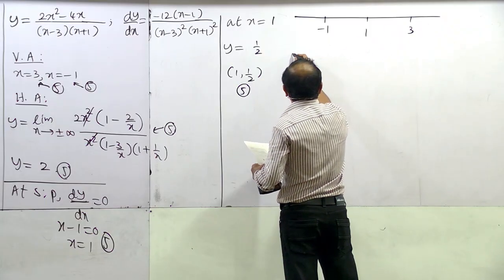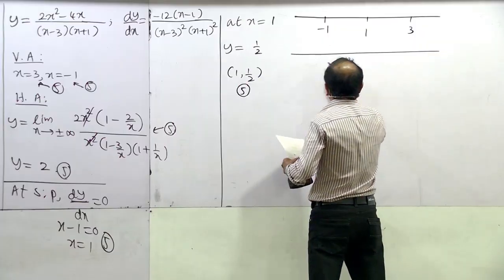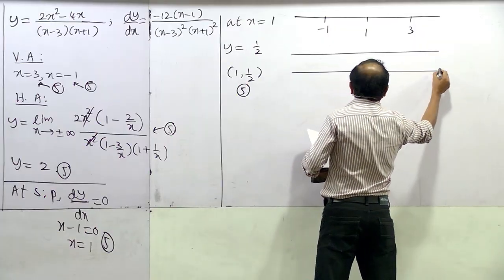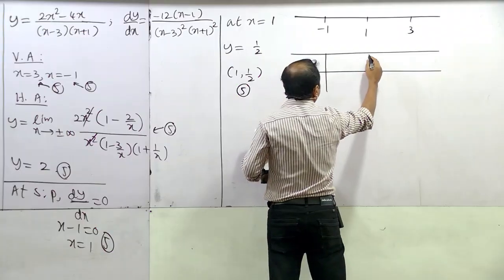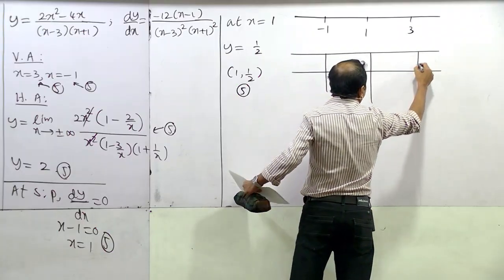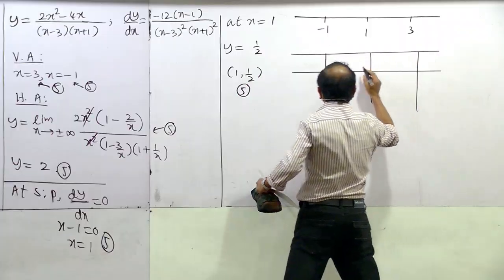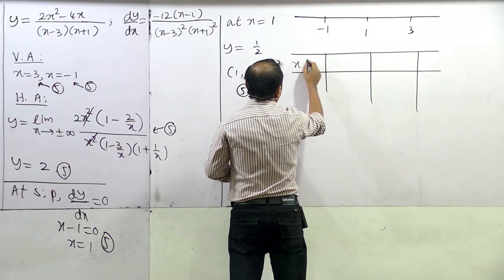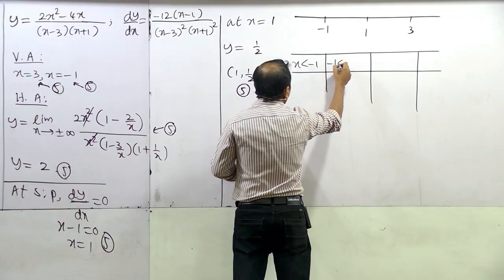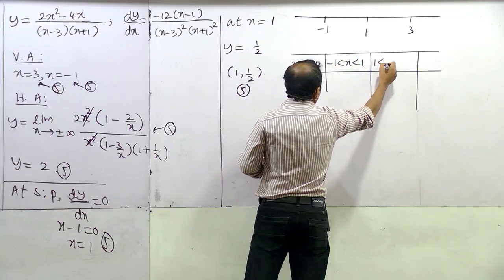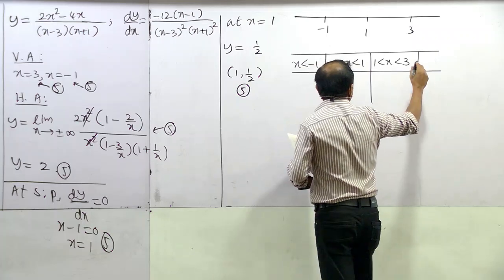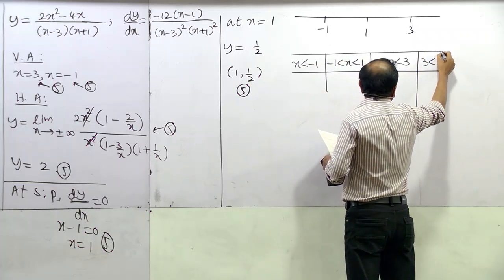We prepare the table this way: minus 1, 1, 3.